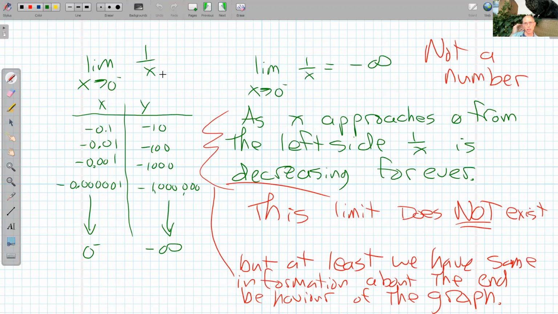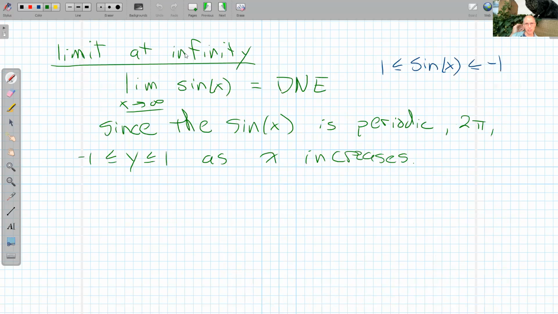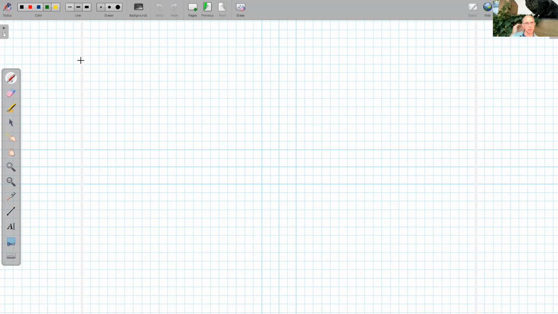And if you go the other way, if you try to flip infinity, you get closer to 0. And so I'm going to come back to the sine in a second, but let's look at the limit as X goes to infinity of 1 over X.